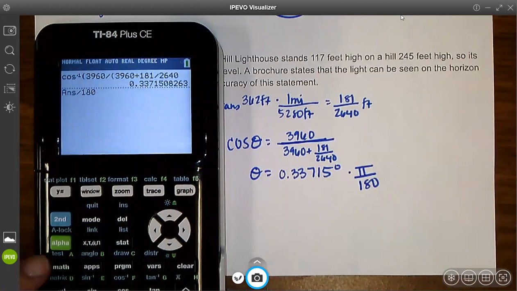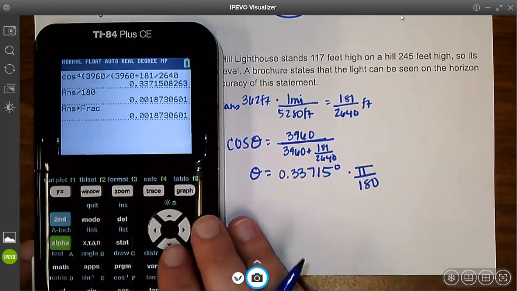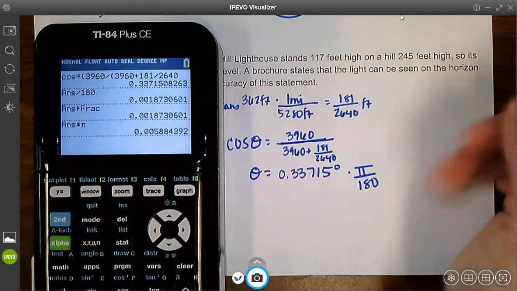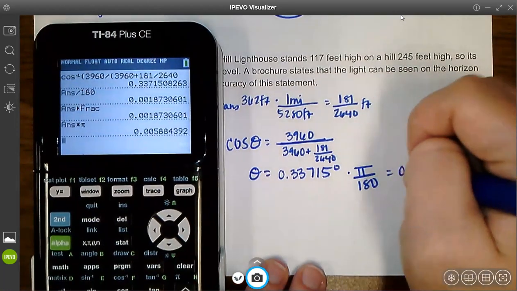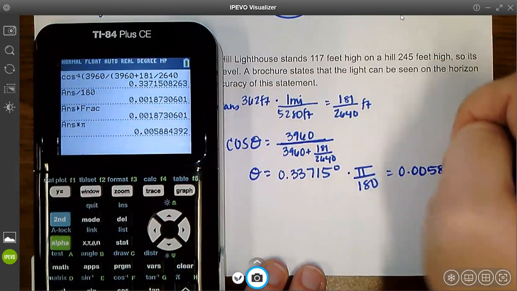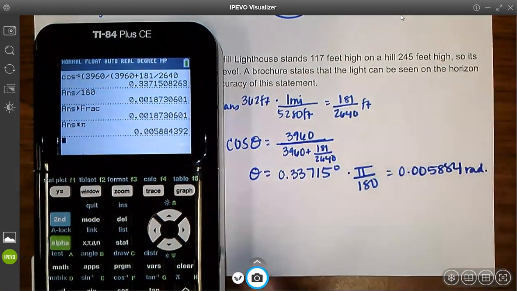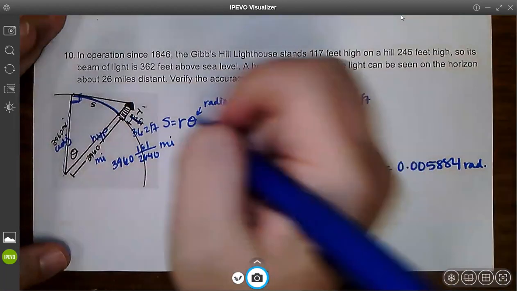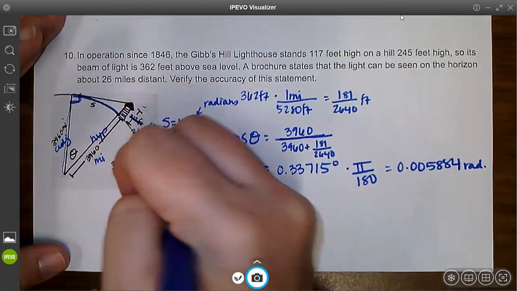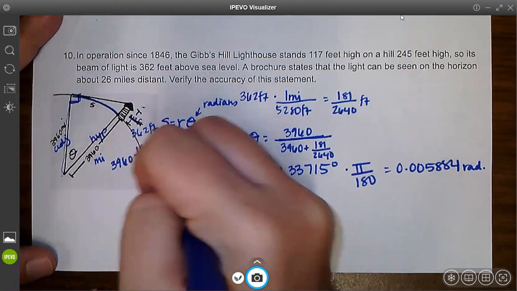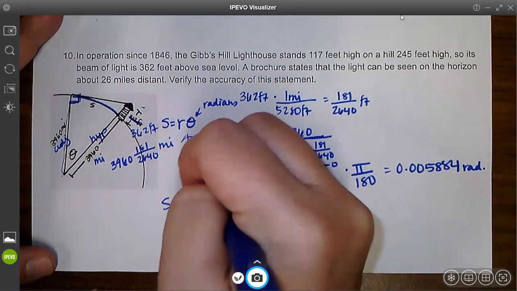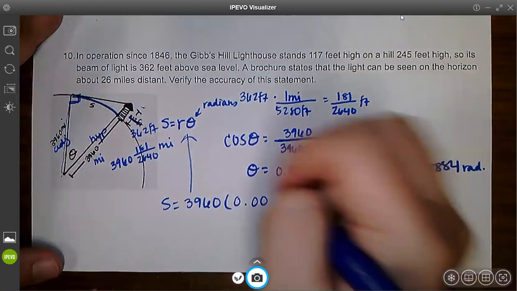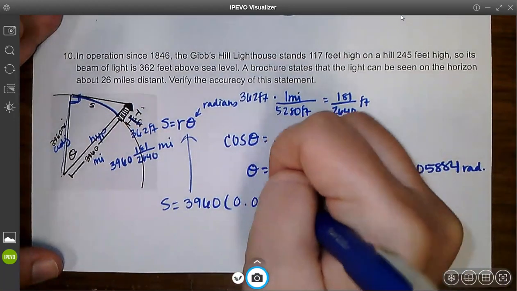So divide that by 180, and then multiply that by pi, and you get 0.005884 radians. So now I'm going to plug that into my arc length formula. So S equals my radius, which is 3960 times my angle in radians, 0.005884.